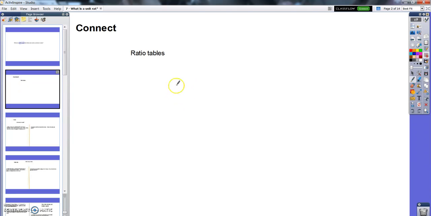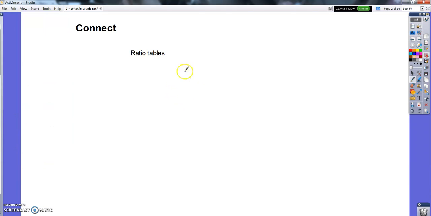So let me just remind you, before we get to unit rates, a quick recap on ratio tables. A lot of times we've been doing problems with a ratio of boys to girls in a class. Let's just say there were 3 boys for every 2 girls.